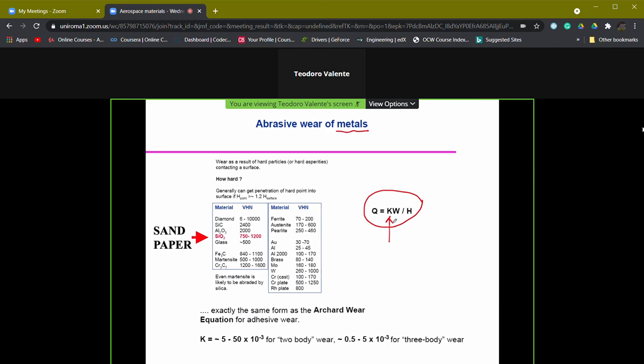So if we make a couple of two materials very different in terms of hardness, we can also have abrasive wear damage. And the limit is 20%.